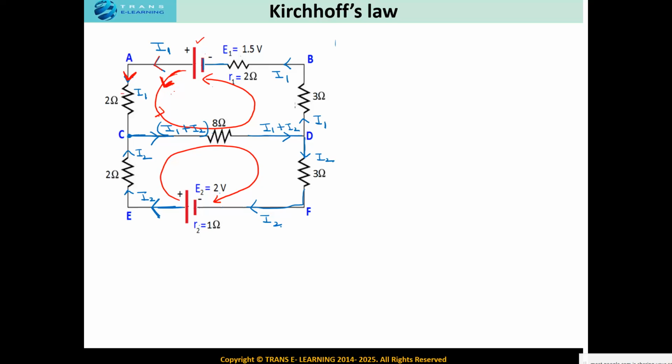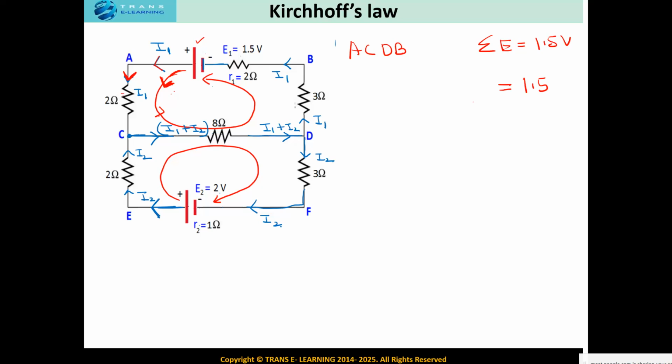Now here we are going to apply the second law, that the total EMF is equal to current into resistance. So for this loop ACDB, the total EMF is given as 1.5 volt. We are going to write it down on the right hand side, and on the left hand side we are going to take the potentials of the currents and the respective resistances.